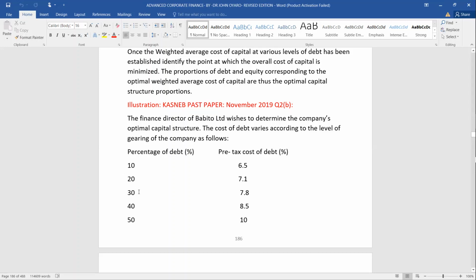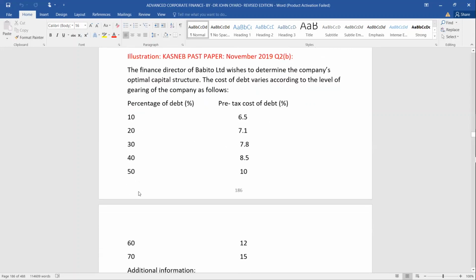You can determine the cost of equity of a levered firm using the capital asset pricing model. And also that model by Robert Hamada comes in estimating the beta coefficient of equity of a levered firm.